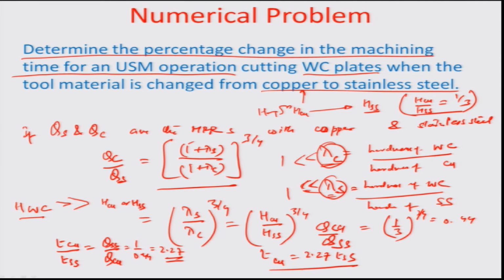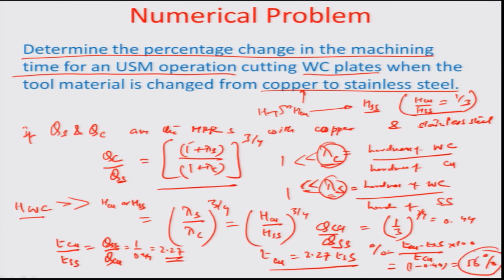In other words, if I want to see what is the percentage reduction when the tool is changed from copper to stainless steel, it can be represented as T copper minus T stainless steel, by T copper, times 100. That becomes equal to 1 minus 0.44, or about 56%.